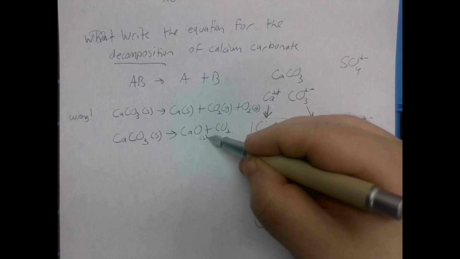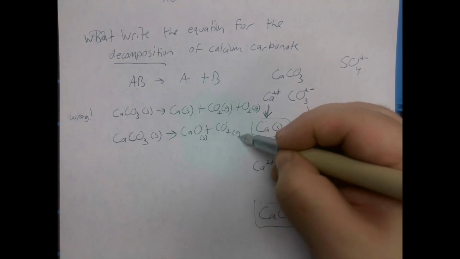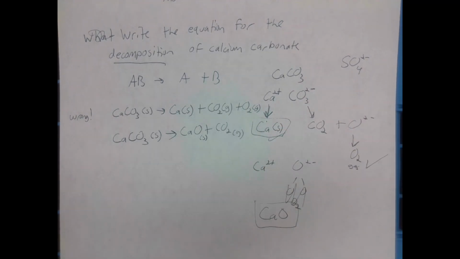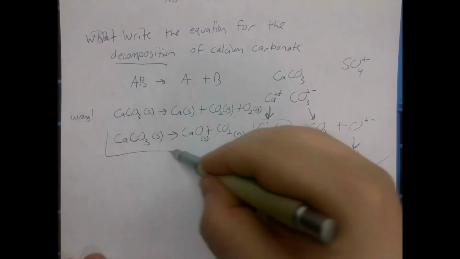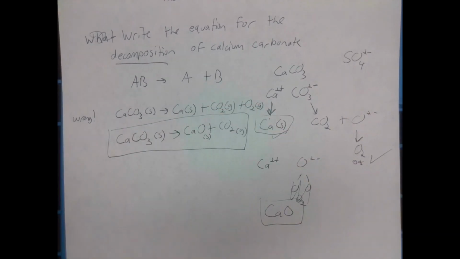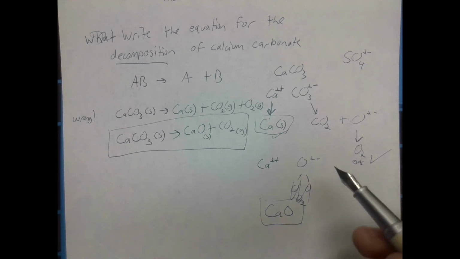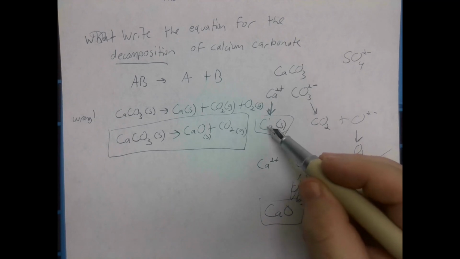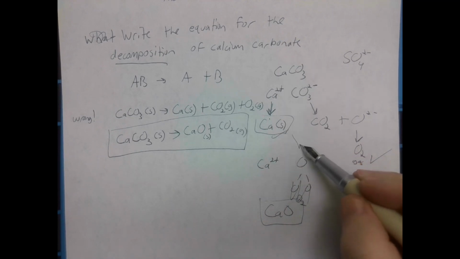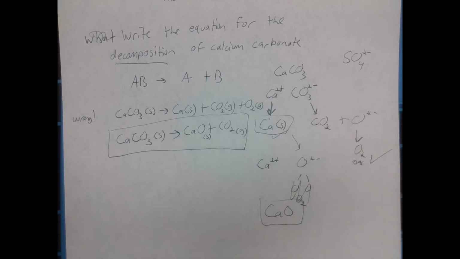And this is a solid, and this is a gas. That is the equation. It is much more likely that calcium will just simply bond to the oxygen than take its electrons and run. Right?